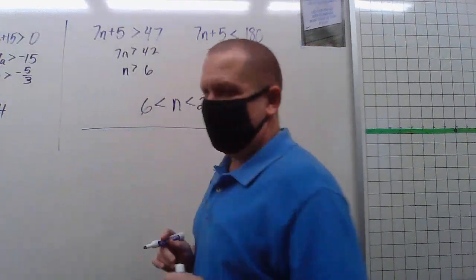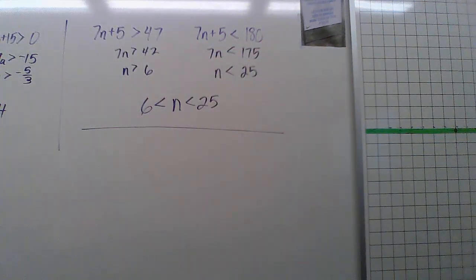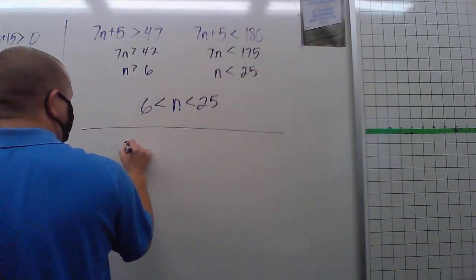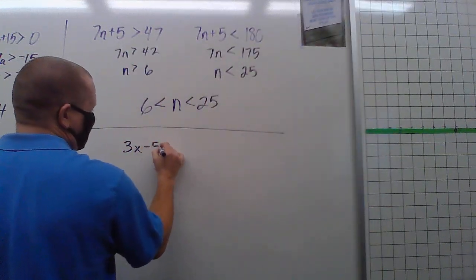So realistically, I'm just going to make my answer and pick one of the two. I don't think it really matters. But remember. So if I looked at this right here, I want to say that 3x minus 5 is what to the other quantity?